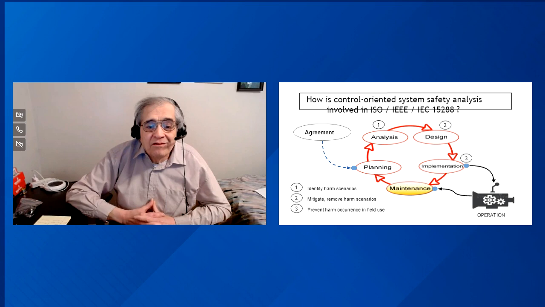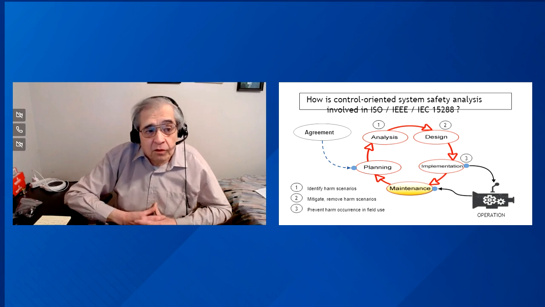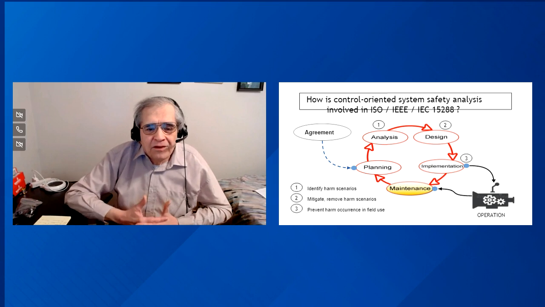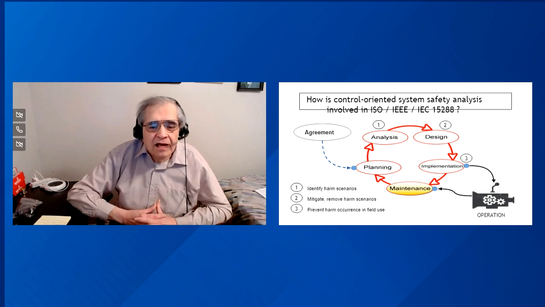And we want to prevent harm occurrence when these processes are being used in the field. So when we have processes that update components of the system in the field, or need to bring a new feature into that particular aspect, this will repeat on and on.